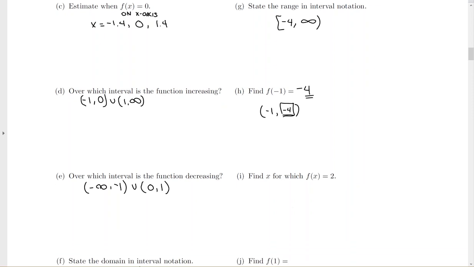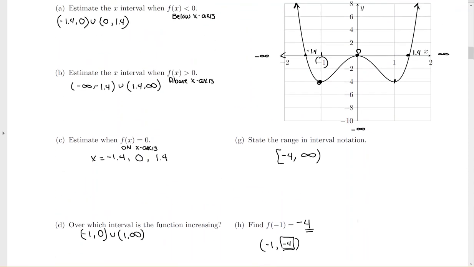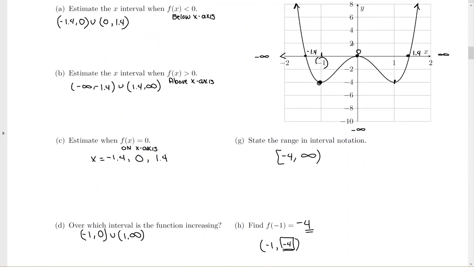Letter I is asking in the other direction for find an x when y equals 2. Remember, f of x is another name for y. So we're looking for a point, something comma 2, and we're looking for that something. So go back to your graph. When y is 2, what's one of those values? So it looks like here, but what's the corresponding x value?